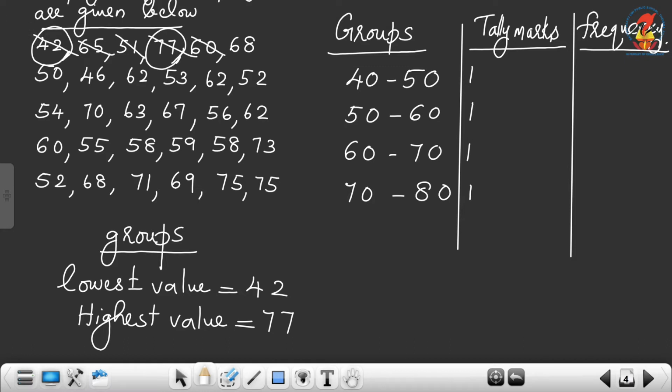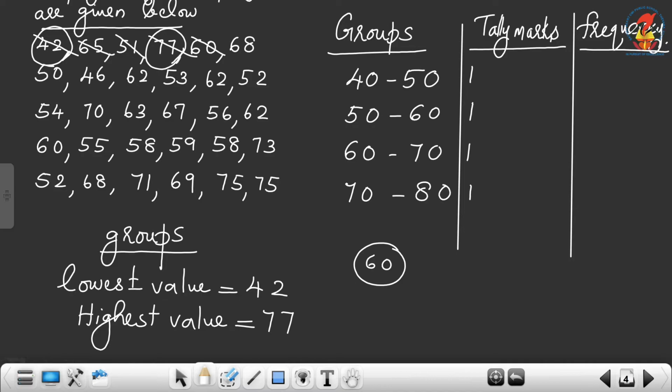Then 60. Where will you mark this 60? 40 to 50 means you have to consider all the observations below 50. 50 is not included in this group. But 50 to 60 means all the observations below 60. Then 60 to 70 means all the observations below 70.